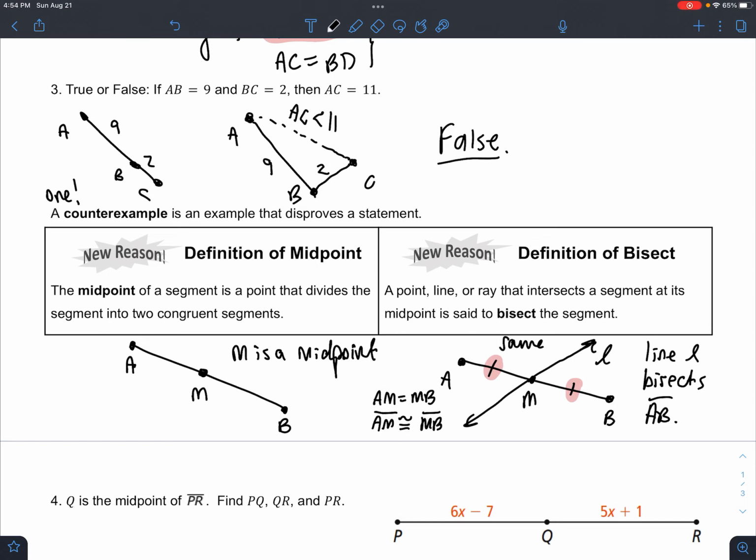Okay? So that's bisect, it's just to cut it in half. If you want to remember it that way, that might be easier. But it could be a point, could be a line, could be a ray. It could be another segment, anything that cuts it in half. Okay? So that's bisect.